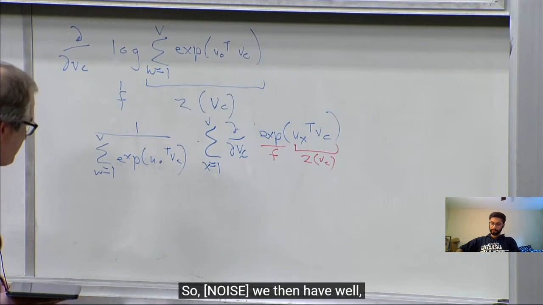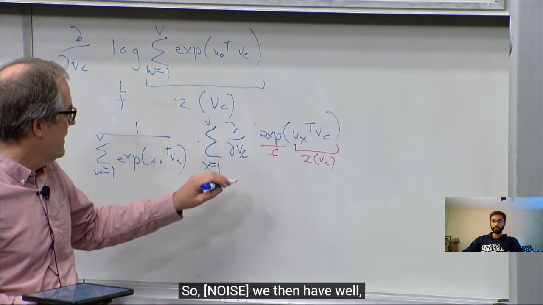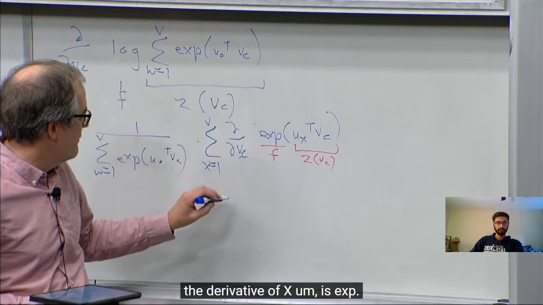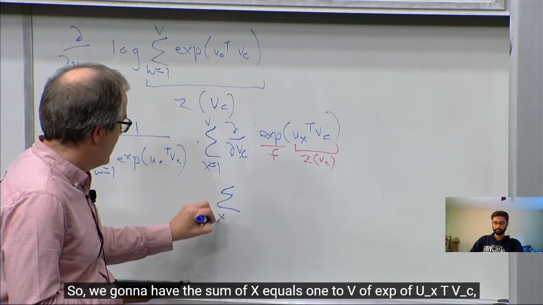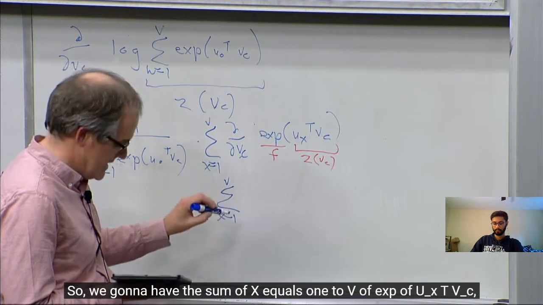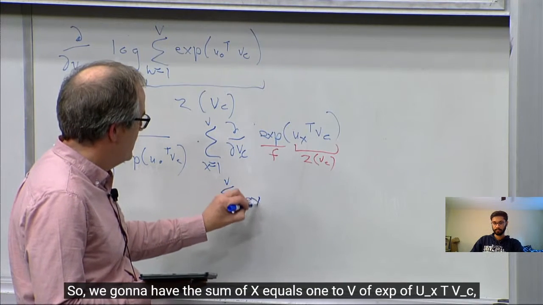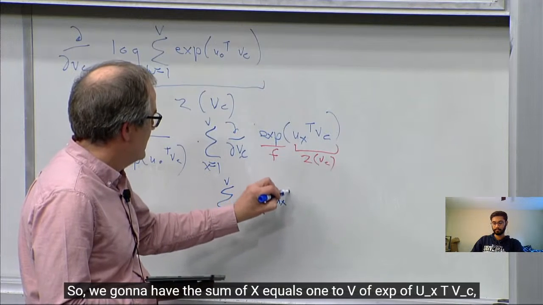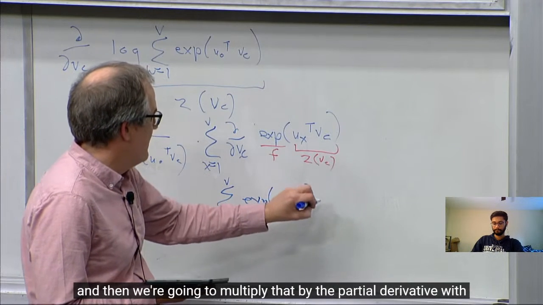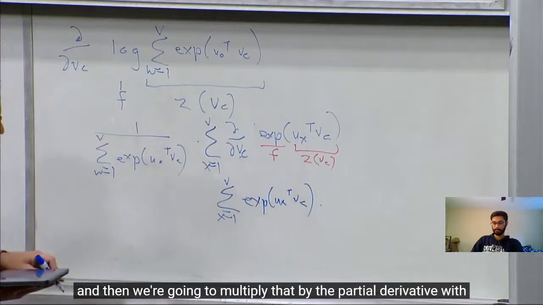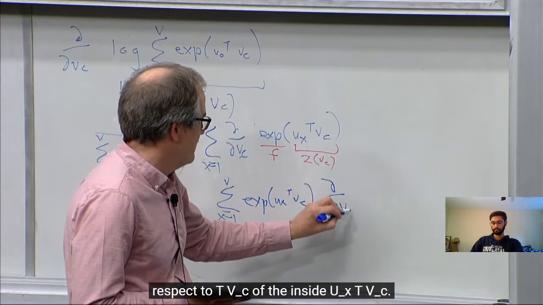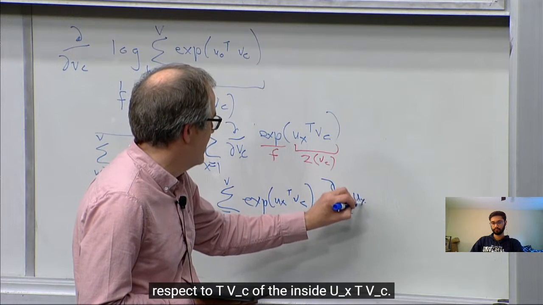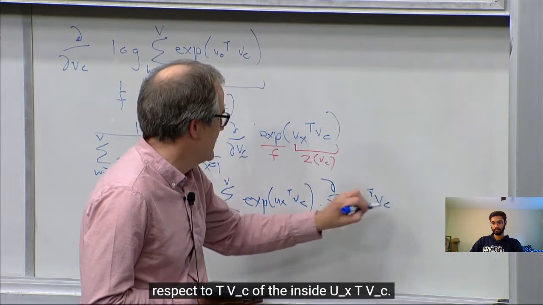And so we then have, well, the derivative of exp is exp. So we're going to have the sum of x equals 1 to V of exp of u_x^T v_c. And then we're going to multiply that by the partial derivative with respect to v_c of the inside, u_x^T v_c.